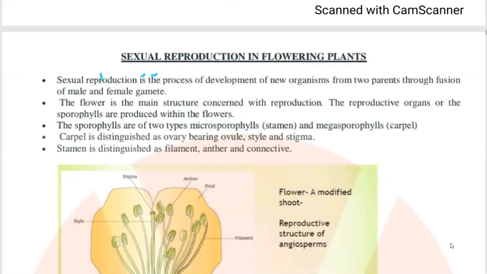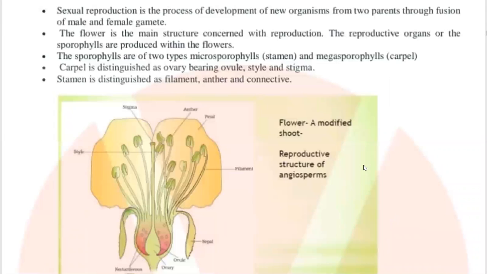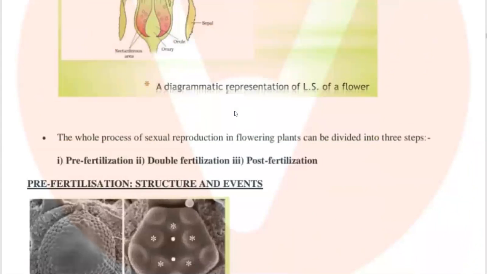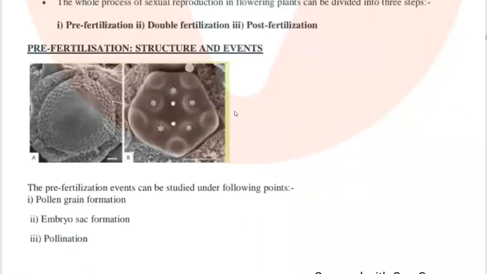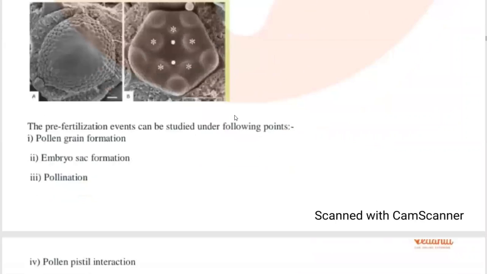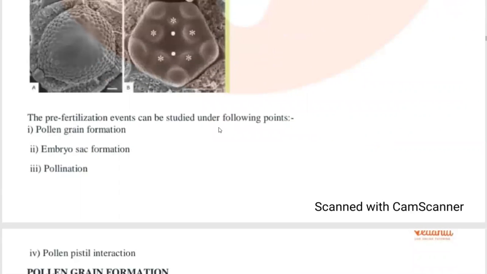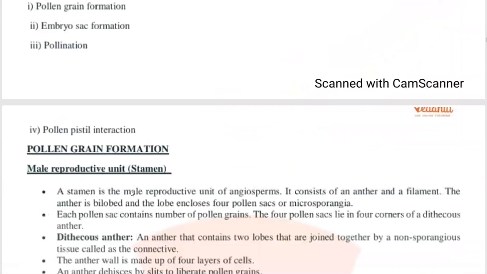Now we will just go through it. Sexual reproduction is the process of development of a new organism from two parents. This is the diagrammatic representation of various parts of flowers. Then pre-fertilization events can be studied under four points: pollen grain formation, embryo sac formation, pollination, and pollen-pistil interaction.